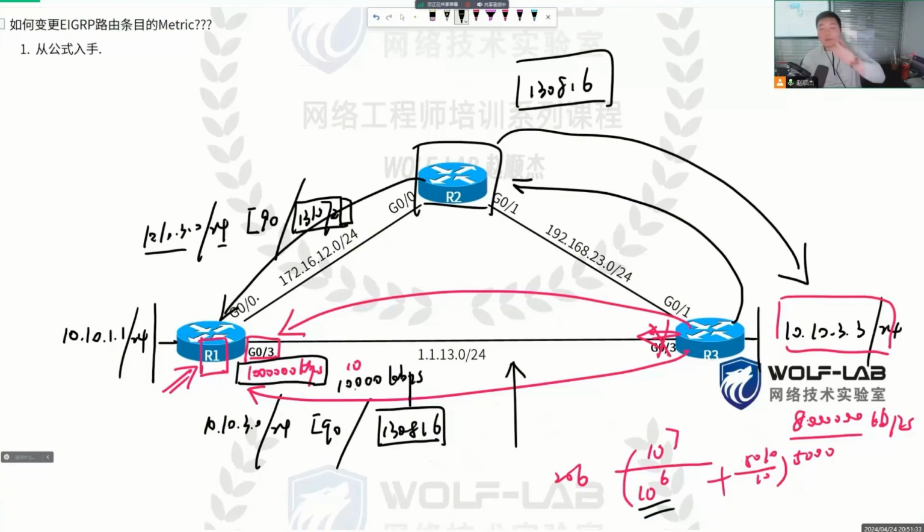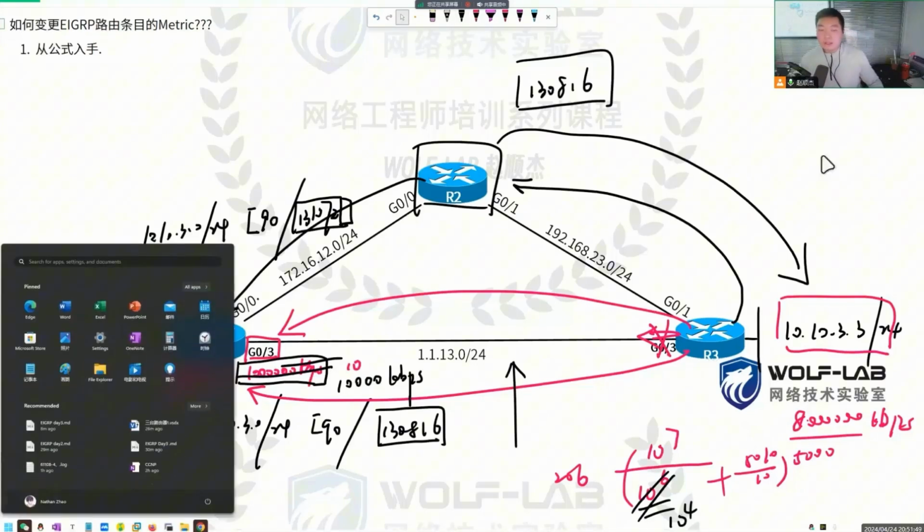Students, the minimum bandwidth along the route: between 8 million and 1 million, and 8 million and 10,000, see which is smaller. It becomes 10 to the power of 4, right, students? So the metric value will be affected and will change.